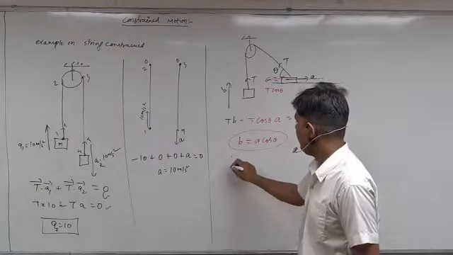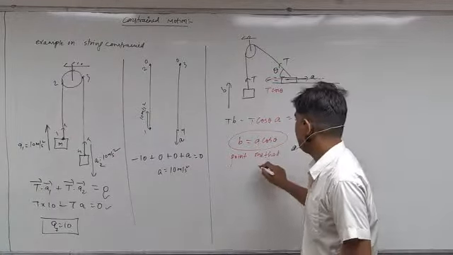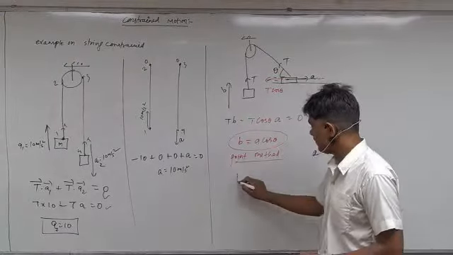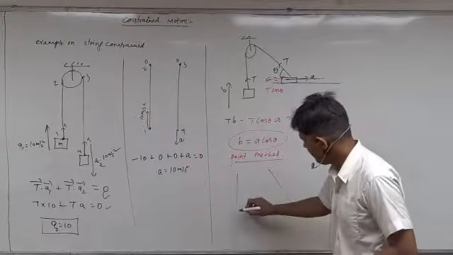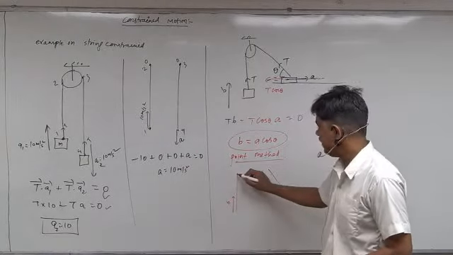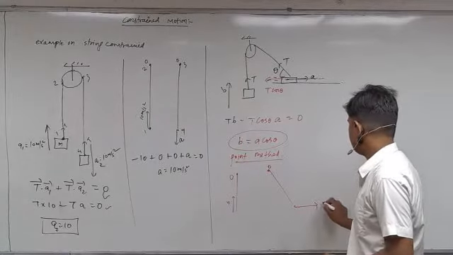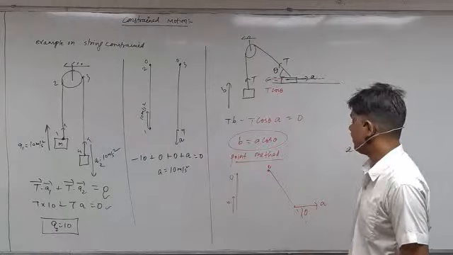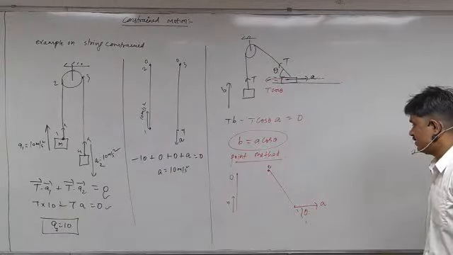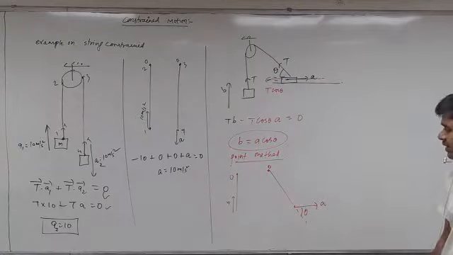Or if you go by the point method, then you will say, sir, this is one segment of the string, this is the other segment of the string, this is going up with acceleration B, this is 0, this is 0, it is going in this direction with acceleration A. Now recall, I told you that we have to take the component of velocity and acceleration along the length of the string so that the length of the string remains the same.